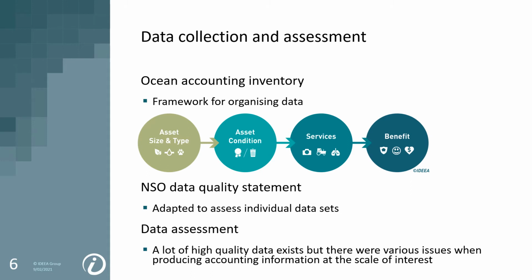The National Statistics Office was also involved, and they have a data quality statement, so we also had to put the data through that data quality statement and report back to the federal government. There was a lot of high quality data, but there were various issues when producing the accounting because there were gaps in the data, and the data wasn't necessarily designed to perform accounting. And the detail of those recommendations can be found in the final synthesis report, which is available on the web.